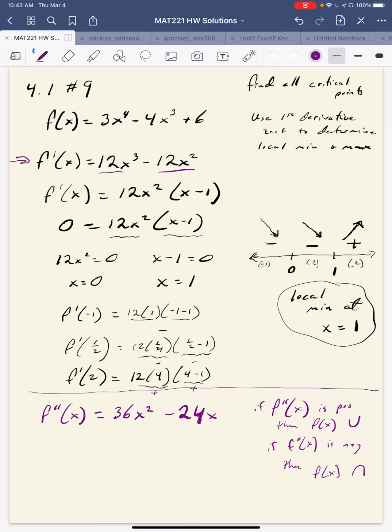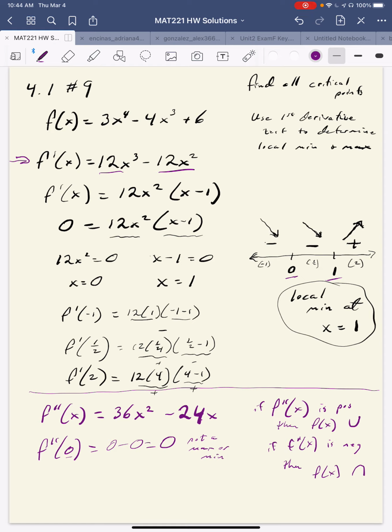So I can take these critical points and see what happens at each with the second derivative. The second derivative at 0 is equal to 0 minus 0, which is just 0. Notice 0 is not positive and not negative, so I'm not concave up or concave down. So this x equals 0 is not a max or a min.